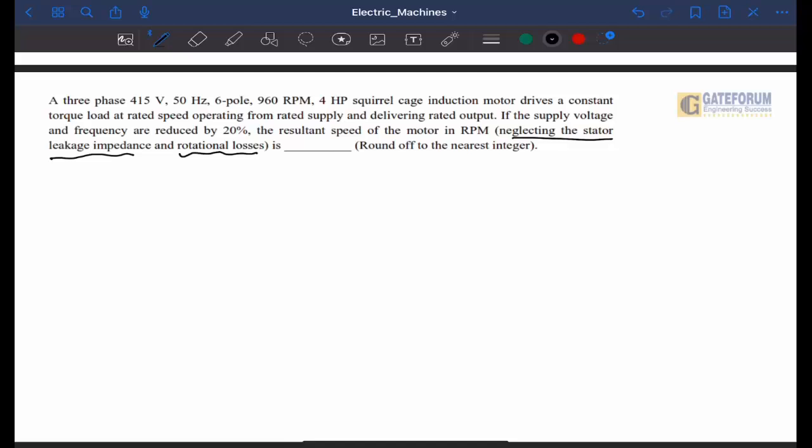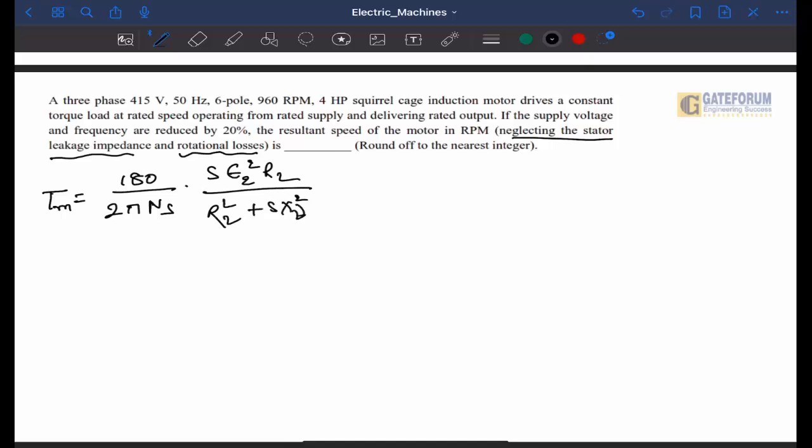So we know the torque expression, since we neglected the stator impedance.